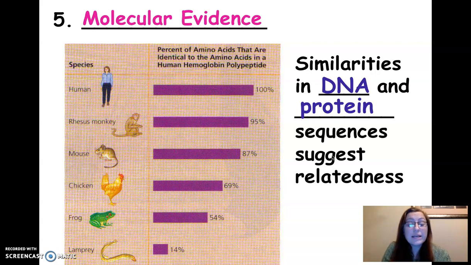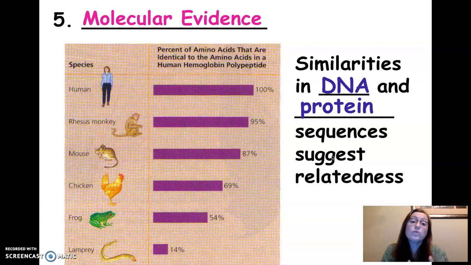A rhesus monkey, another primate just like us, would have very much in common with us, okay? Because we share a lot in common with them, it suggests that we are more closely related to them. Am I saying that humans and monkeys are cousins of each other? My goodness, no. What we're trying to say is that the more closely related organisms are, the more they are going to share similarities in their DNA and protein sequences.